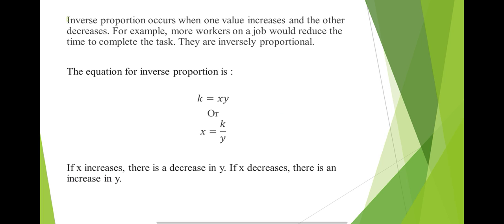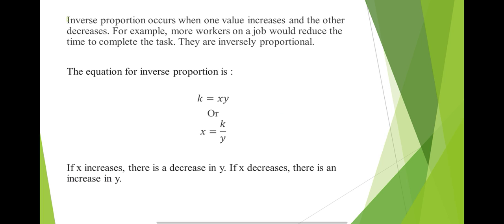Imagine that if we put more workers on it, the faster the house or the building will finish, right? So notice here, the more workers we put, the less time we need to finish the house. So in that case, we call them inversely proportional, right?